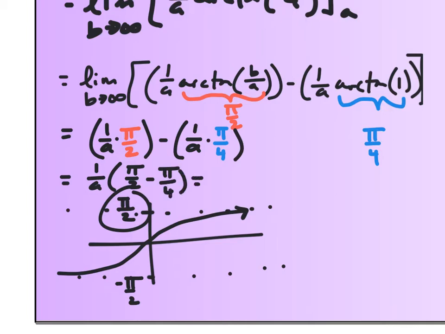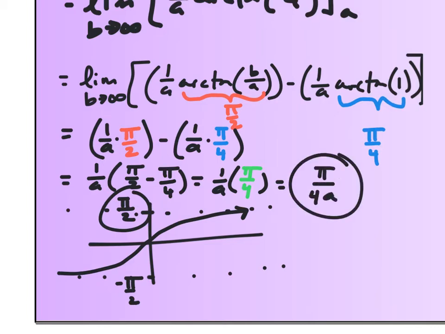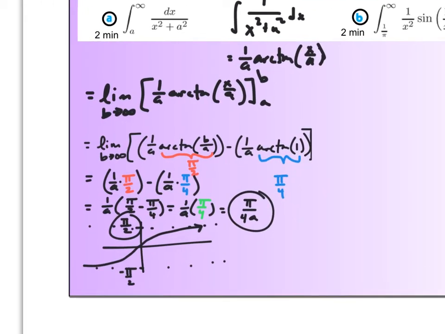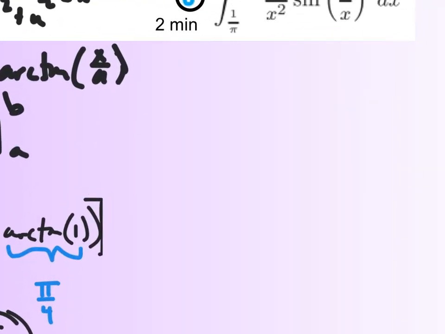Pi over 2 minus pi over 4 is pi over 4. So I get 1 over a times pi over 4. So I get pi over 4a. There is the area under that curve from 0 to infinity.